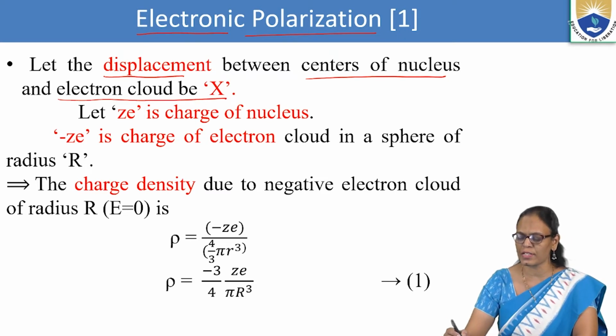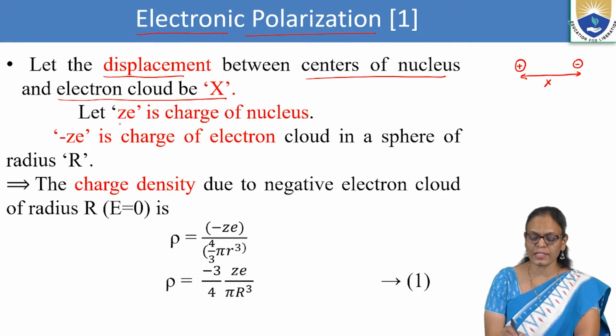If I consider the center of the nucleus as positive charge and the electron cloud as negative charge, this is all about the center of gravity of the nucleus and the electron cloud, and they are separated by a distance x.